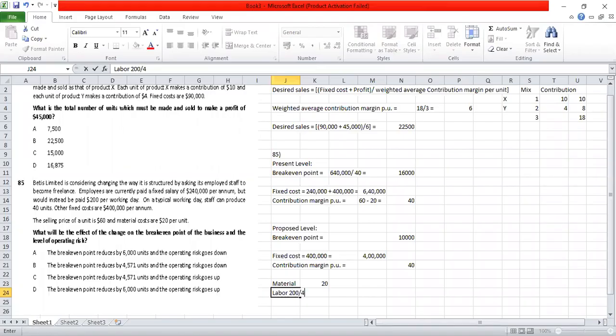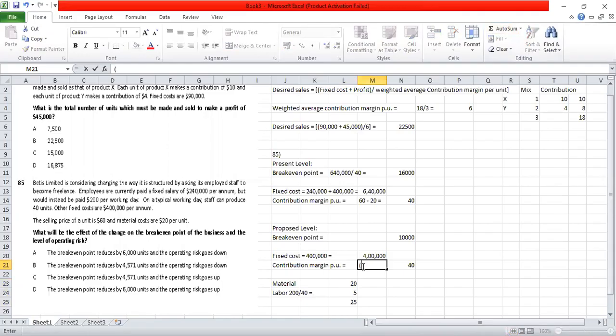So labor cost is 200 per day. On a single day, 40 units are produced, so that will be 5. So the total variable cost is 25. Variable cost per unit is equal to 25. So how much is contribution margin?